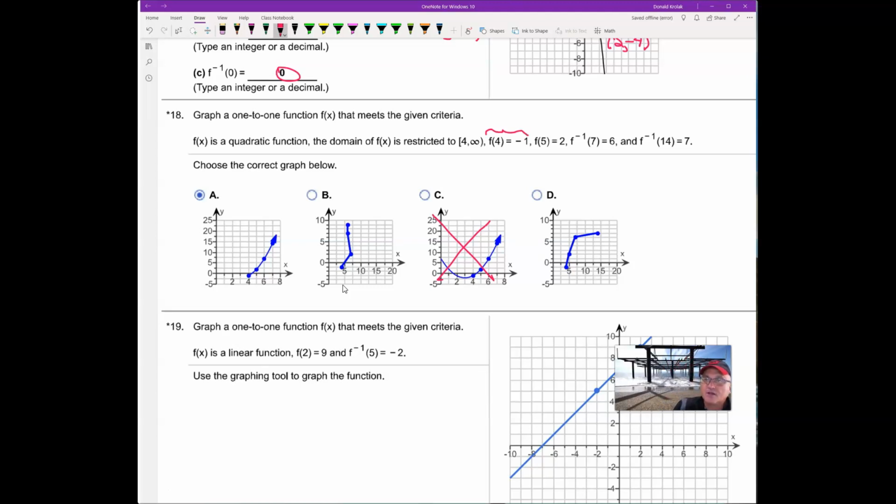So from that, I know that the point 4, negative 1 is on the original. This is the original, so I know that the point 5, 2 is on the original.